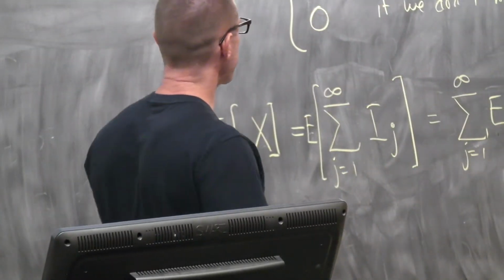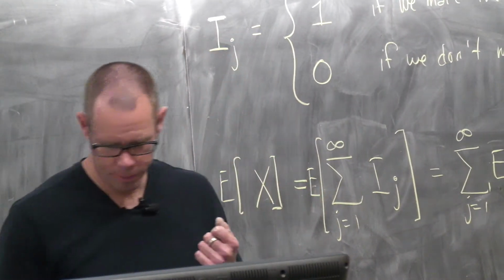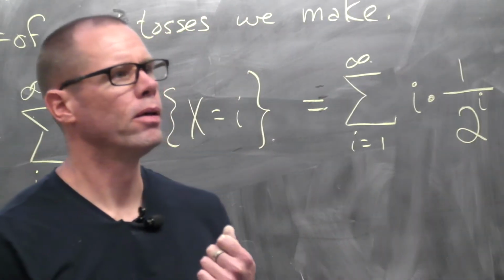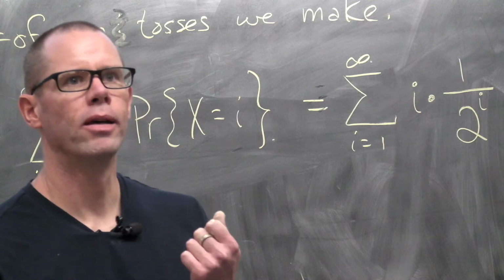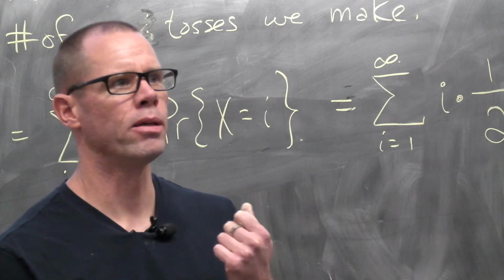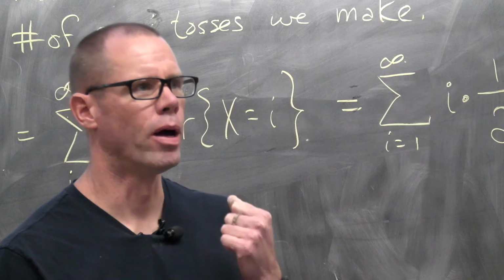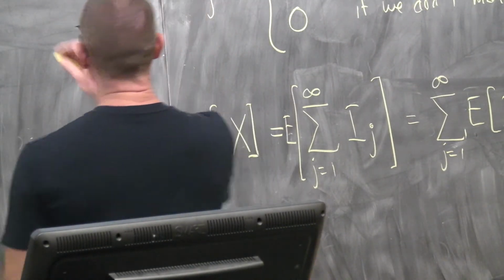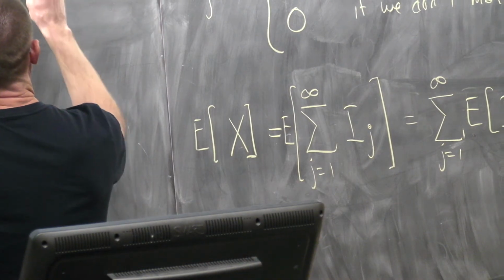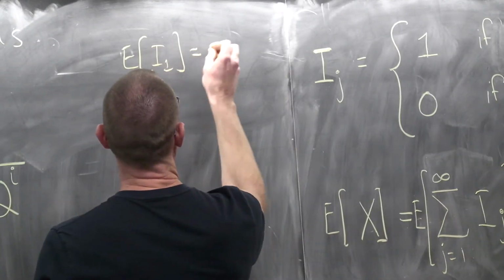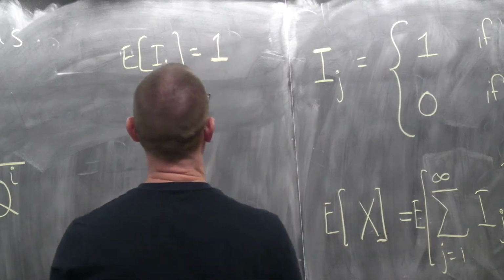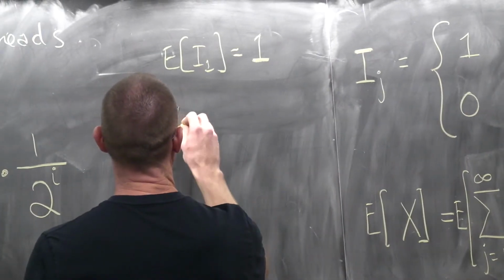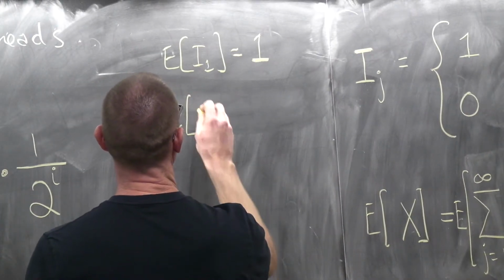So, I sub 1 is equal to 1 if we toss the coin the first time. What's the probability that I sub 1 is equal to 1? 1. We always toss that coin. So the expected value of I sub 1 is equal to 1. What's the expected value of I sub 2?